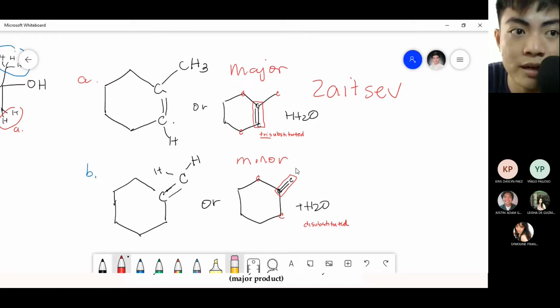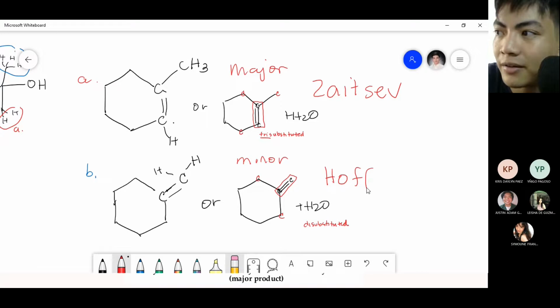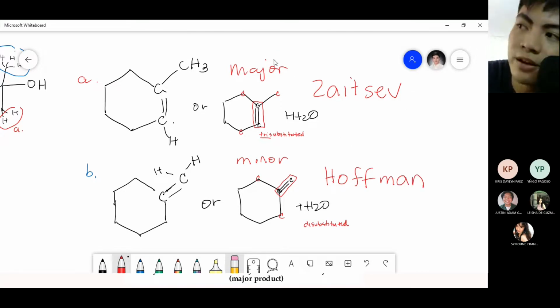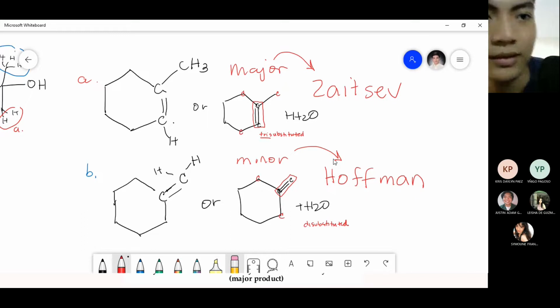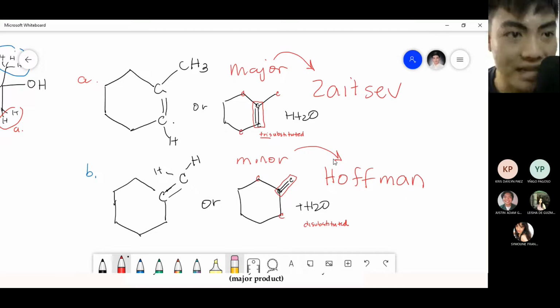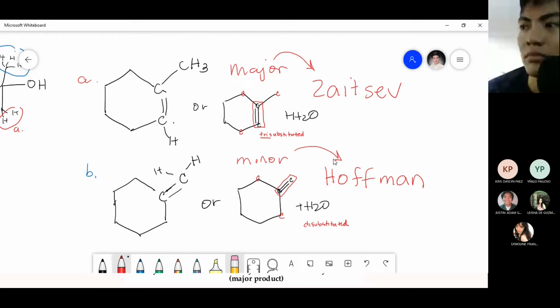Ang tawag namin doon ay Hofmann. Okay? Okay. So we have the Zaitsev for the major, Hofmann for the minor. Okay? So ganun. So kailangan kabisado nyo yung mga pangalan nila. Then, okay? So more substituted, Zaitsev, less substituted, Hofmann. Okay?